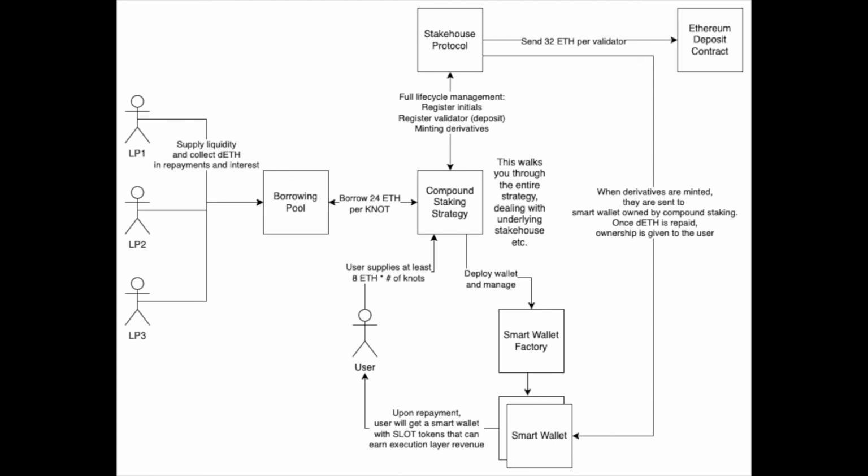So here you just ask people to send to the strategy pool, and then you put up 8 ETH or 4 ETH, whatever it is. You can even source 4 ETH from the giant pool, and the rest of the 24 ETH is from the borrowing pool. Would that be possible?